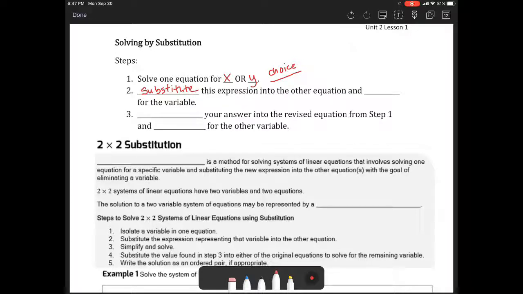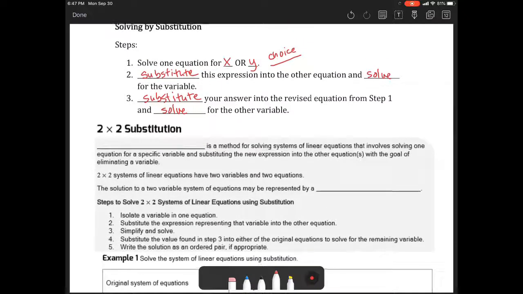Basically, when you do that, then you're going to substitute this expression into the other equation and then solve for the variable that you chose to use. The third thing is you're going to substitute your answer into the revised equation from step 1 and then solve for the other variable.